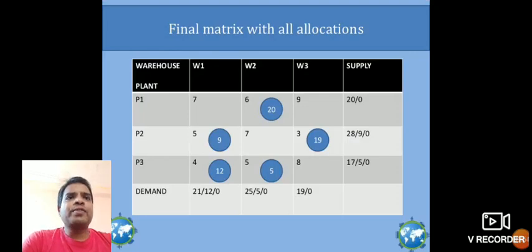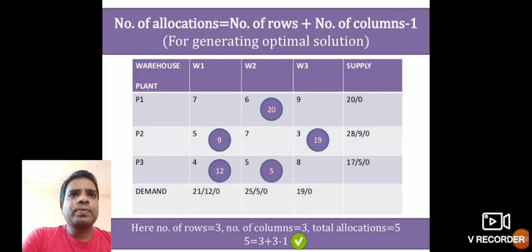The final matrix with the allocations we are getting is P1 to W2, P2 to W1, P2 to W3, P3 to W1, P3 to W2. Now the number of allocations equals the number of rows plus number of columns minus 1.